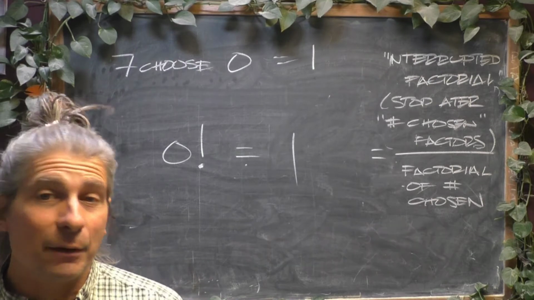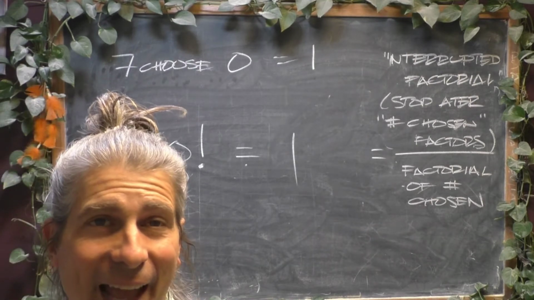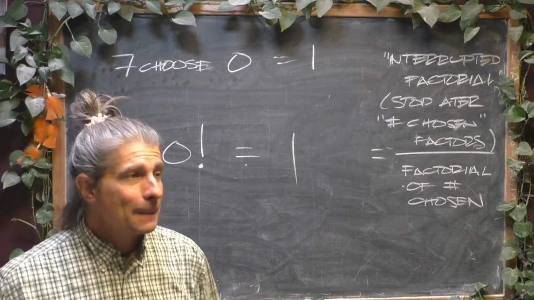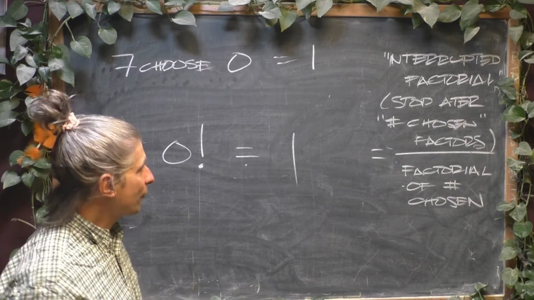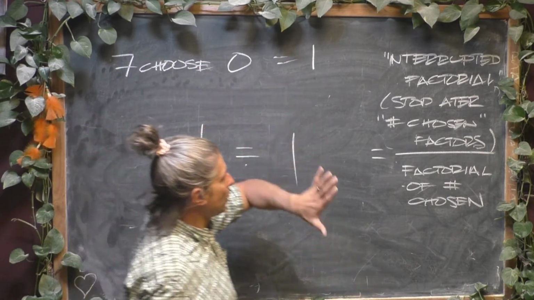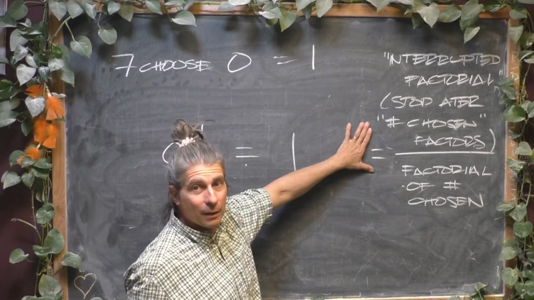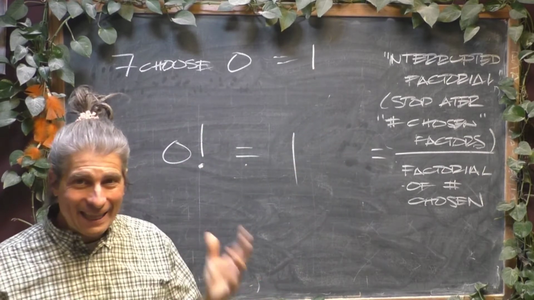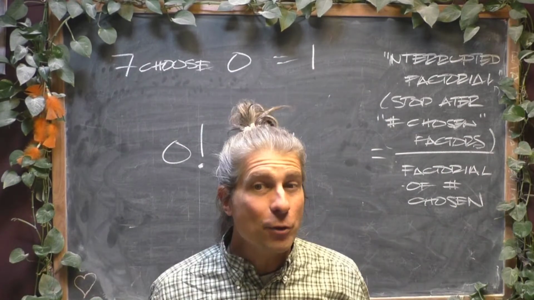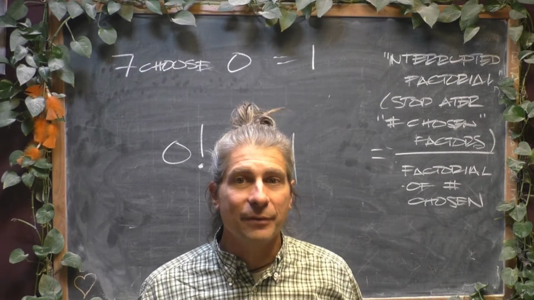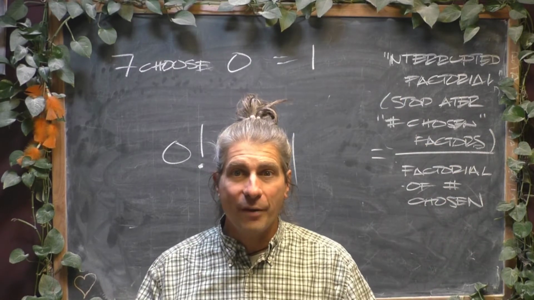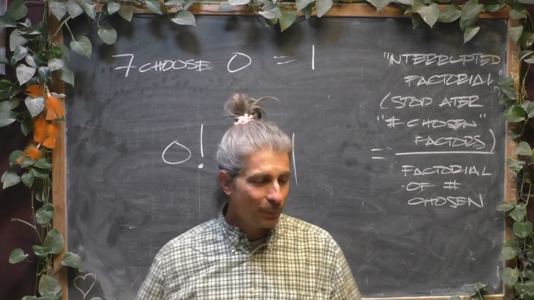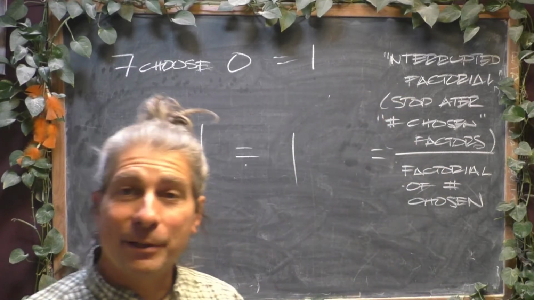But even saying that out loud to you, I feel like a fraud. Which is why, for anything other than choosing 0, this formula's bomber. And for choosing 0, just think. If you've got a bunch of stuff and you have to leave them all alone, how many ways can you leave them all alone? 1. Walk away from them. Simple. Simple, logical, and not buried in a bunch of jargon.